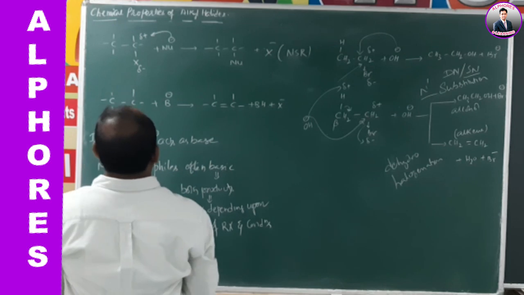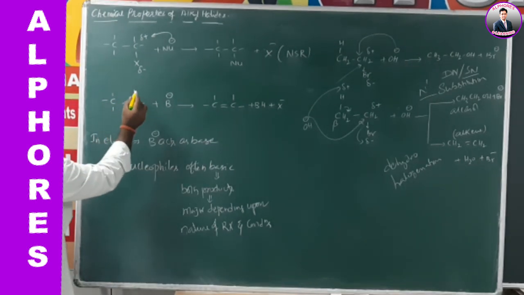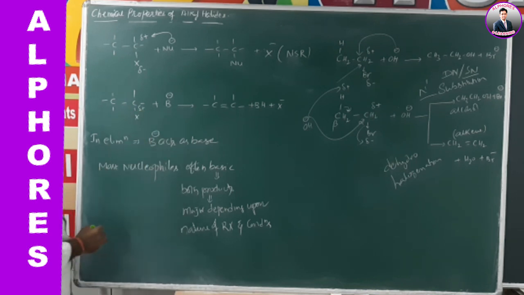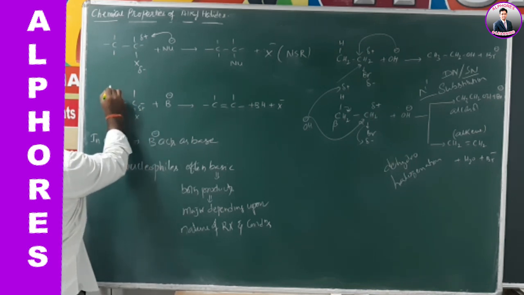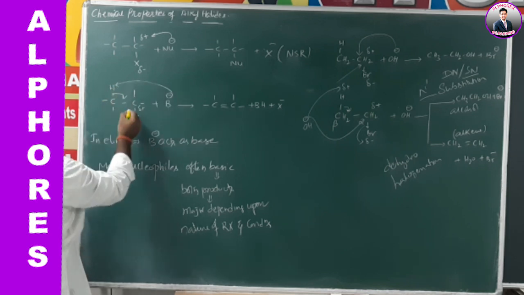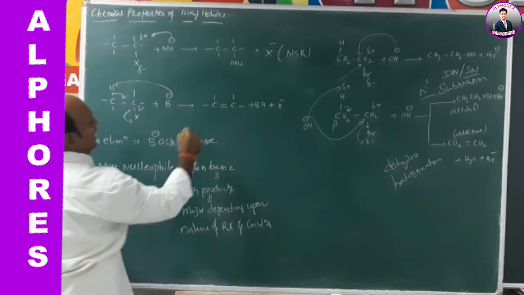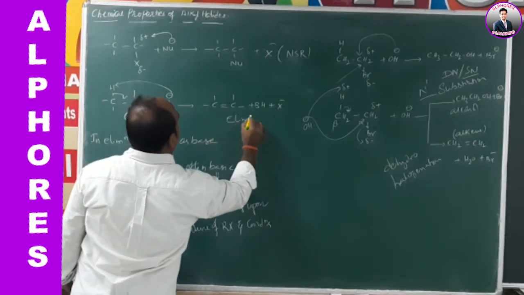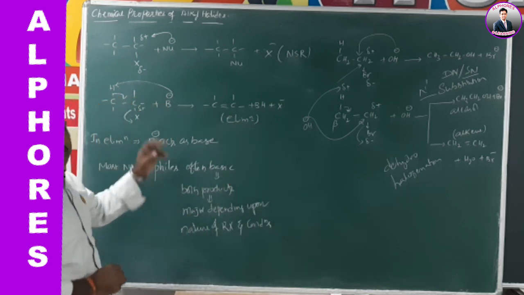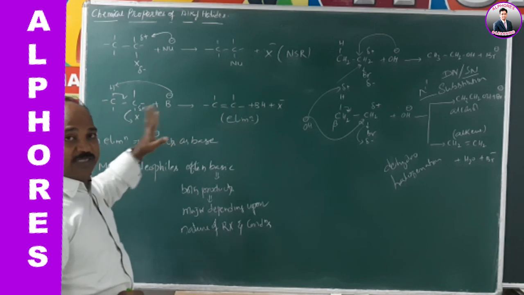In the second one, B minus, instead of approaching this positively charged carbon, approaches the adjacent carbon containing hydrogen; the electrons shift like this and X comes out as X minus. This reaction we call the elimination reaction. So there are two possibilities, one is substitution, another one is elimination.